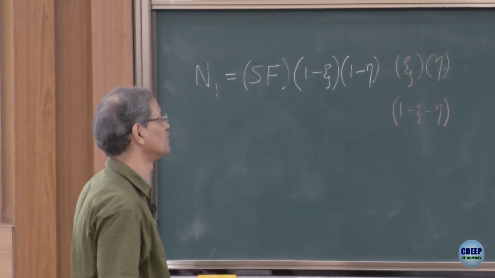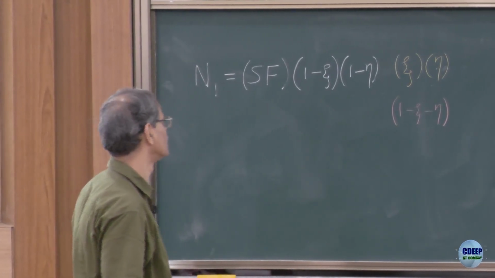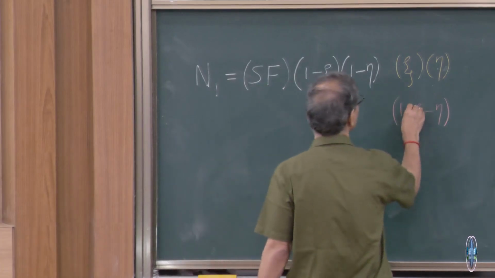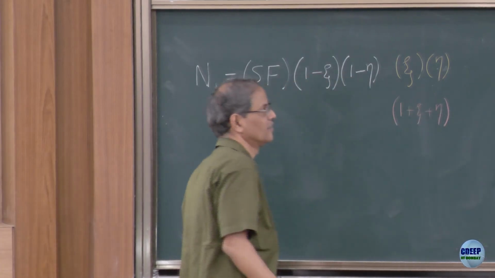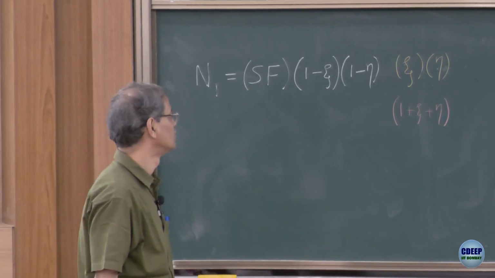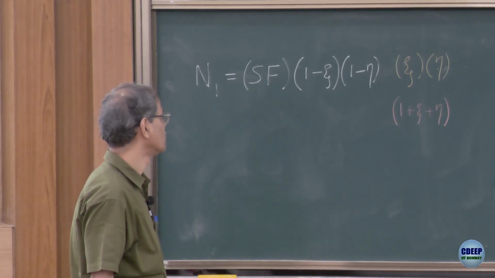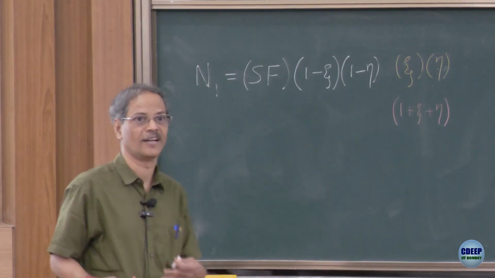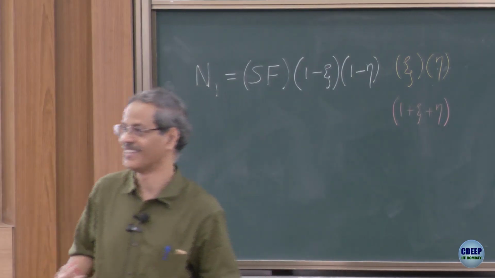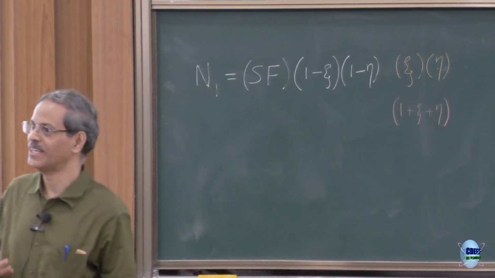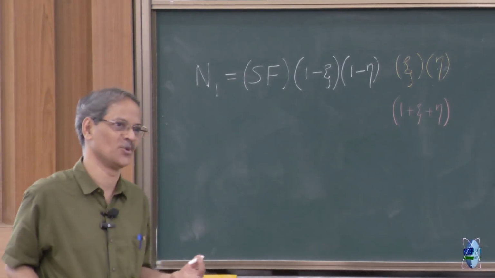Zeta plus eta plus 1, I should put plus. Okay. Is that okay? So what we are now doing is to write by inspection, so to say.